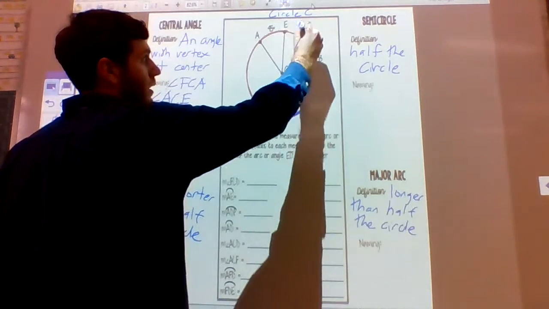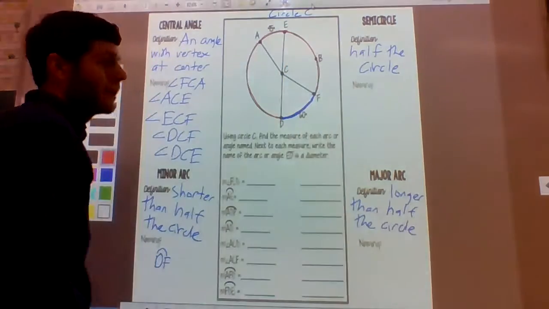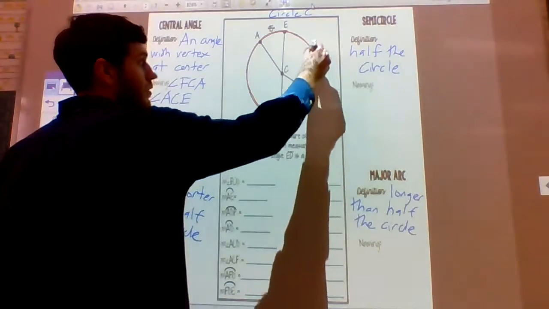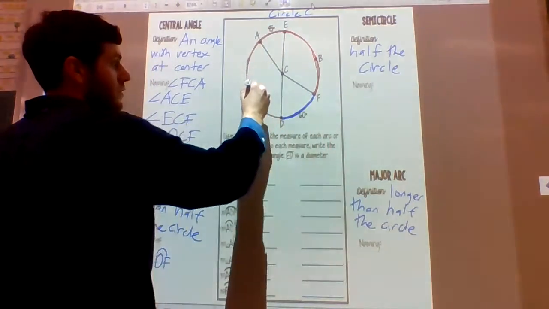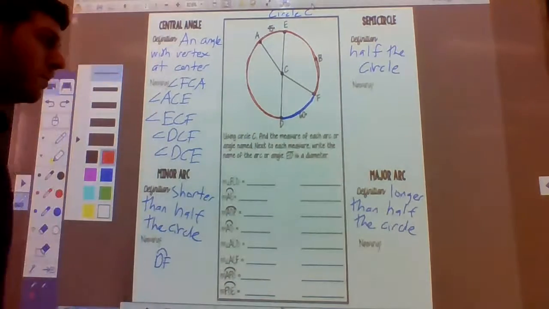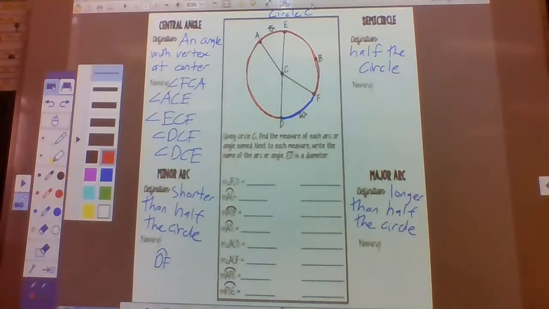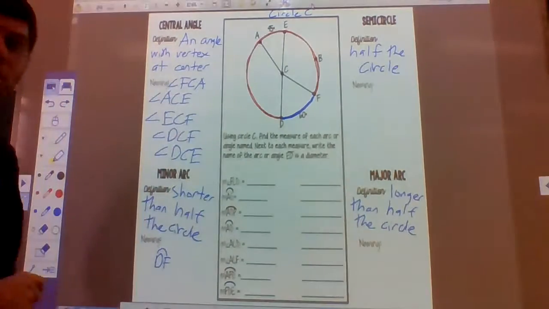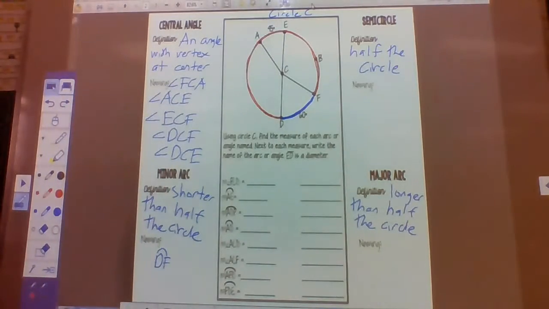So if we go around the other way, the red line here, that is an arc. It's part of the circle. It's a major arc because it's more than half the circle. The way we distinguish that from the minor arc is we use a third point. If you just write DF connecting the two points, we assume it's the shortest path on the circle. If we want a major arc, we have to specify a third point.